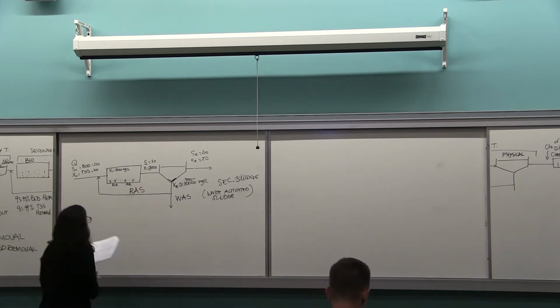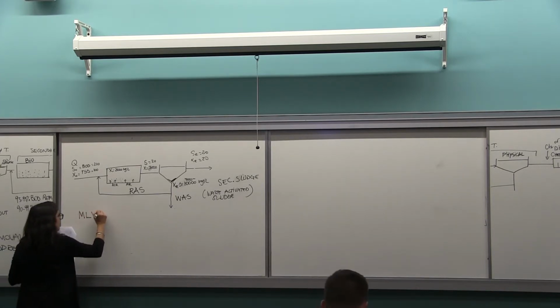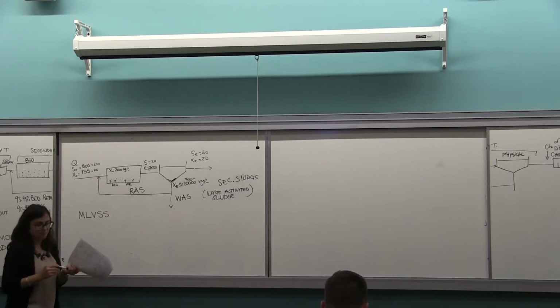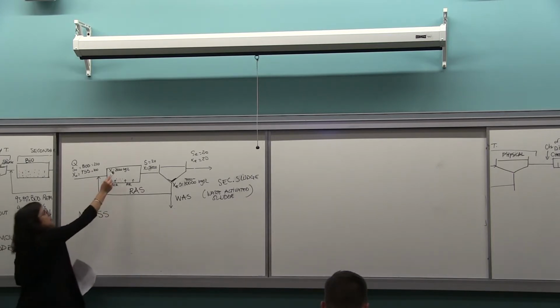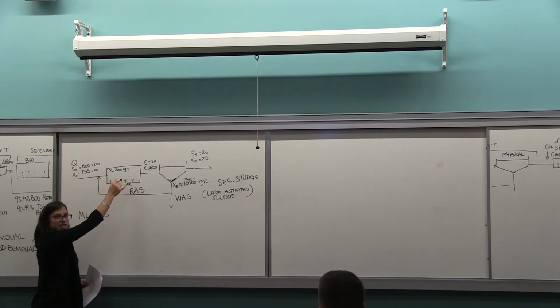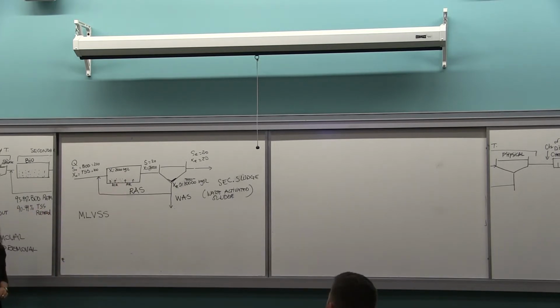The mixed liquor volatile suspended solids. Mixed liquor is the sludge, the bugs, and the wastewater in this tank. That's what the mixed liquor is. VSS is volatile suspended solids.